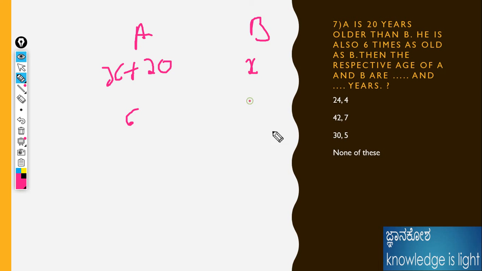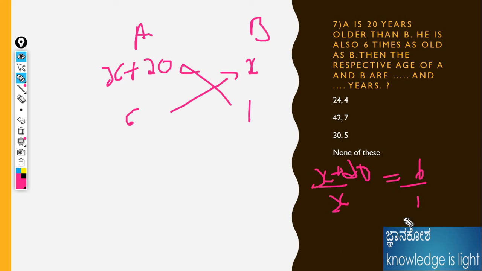Sometimes people do x plus 20 by x is equal to 6 per 1. Someone prefers this method, someone prefers the cross multiplication method, but the answer should be the same whichever method you use, because the logic is the same.